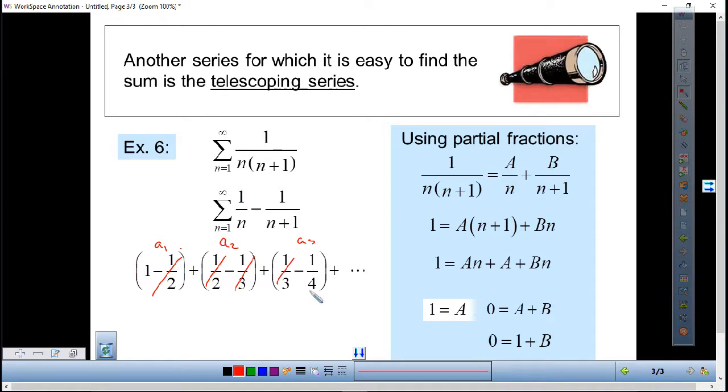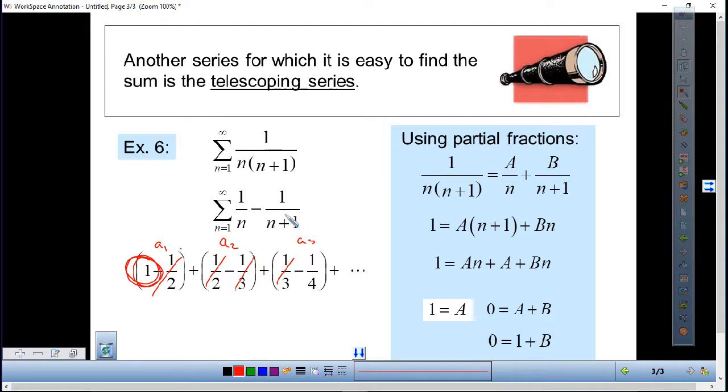So what's the only thing that's left and it's not canceling out for each next consecutive term? Well, the 1 here is stuck there. It doesn't have anything to cancel out with. And as we keep looking, what are we going to end up with? Is it going to converge to 1?